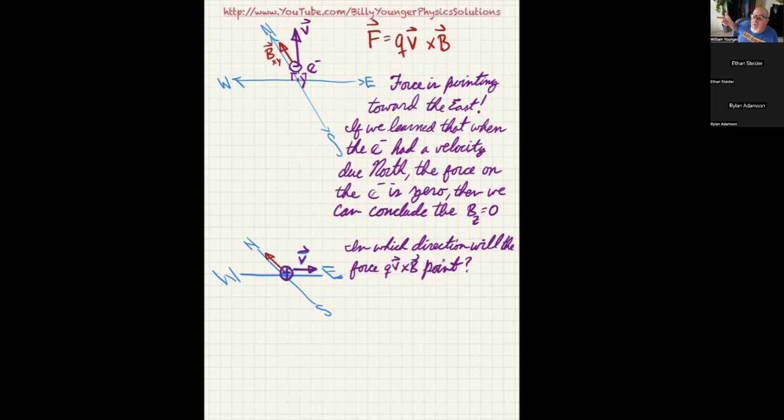So my middle finger, at a 90-degree angle from my index finger, is pointing in exactly the right direction of the magnetic field. They're both horizontal. And what I see is the force is in the upward direction. So in this case, the force would be in the upward direction.